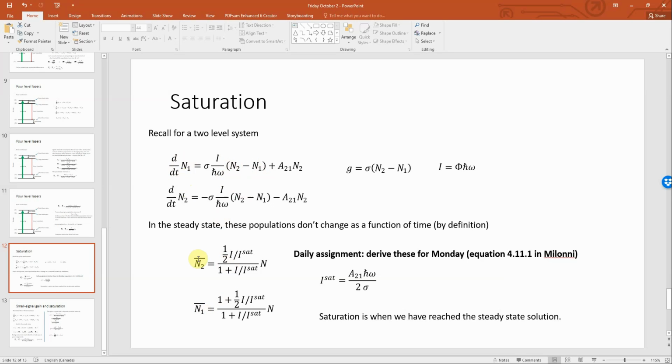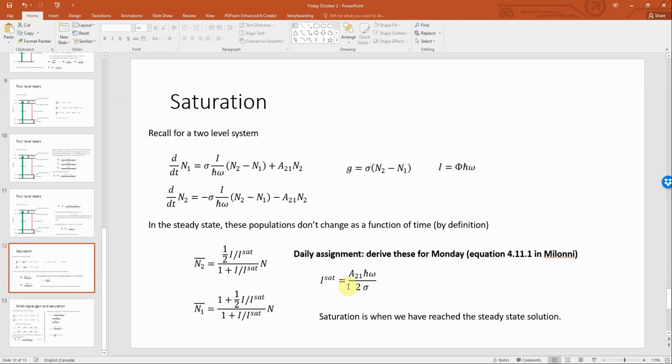You get that n2, the upper population in the steady state, is 1/2 the intensity divided by the saturation intensity over 1 plus the intensity over the saturation intensity, times the total number of states. And n1, the steady state population, will be 1 plus 1/2 I over I saturation over 1 plus I over I saturation times the total number of states.